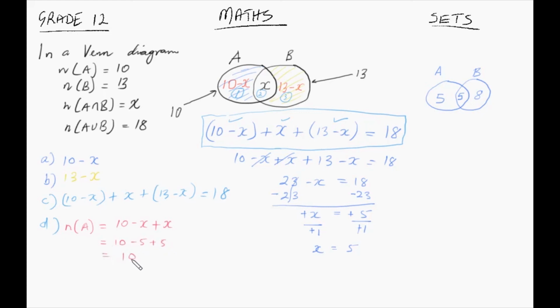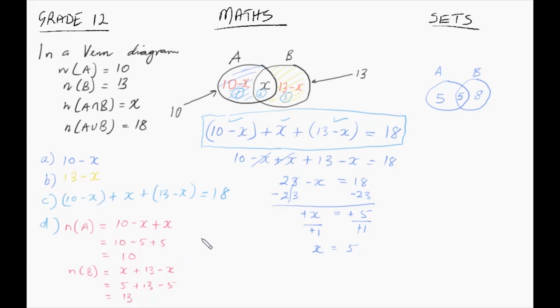Now, the number of elements in B would be x plus 13 minus x, so that is 5 plus 13 minus 5. 5 plus 13 is 18, minus 5 is 13. So the number of elements in set A is 10 and in set B is 13. It makes sense.